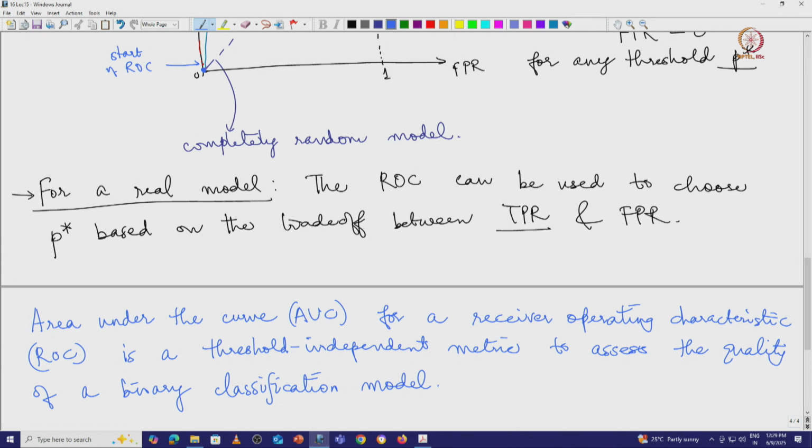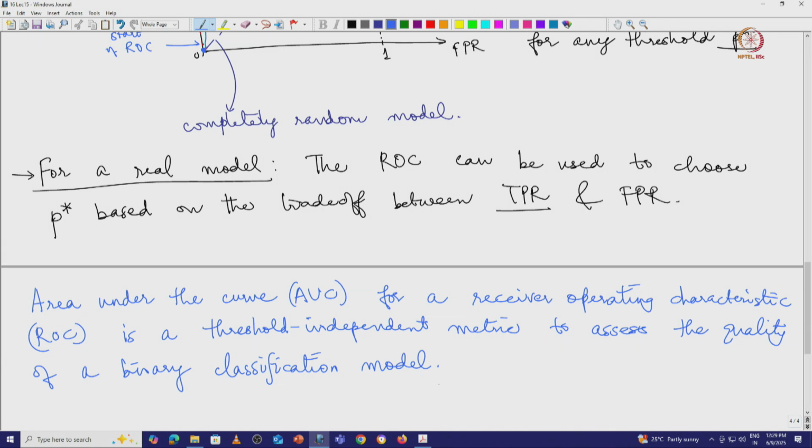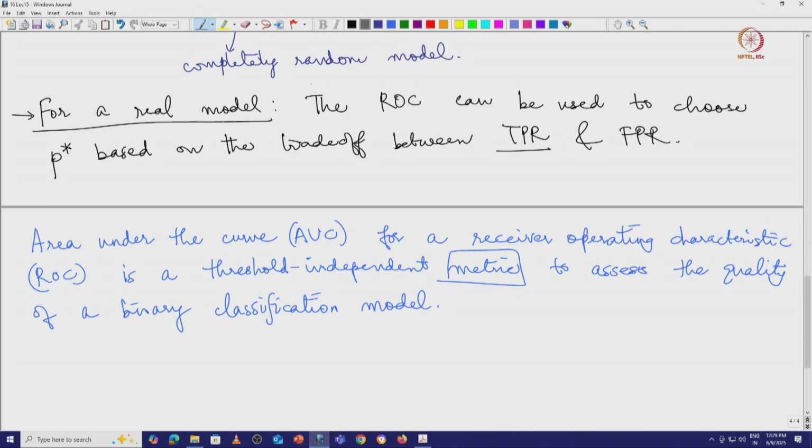Now, because it is a metric, we have to understand what the possible values of this metric are. So, what is the area under the curve, AUC, under the receiver operating characteristic curve for a perfect model?